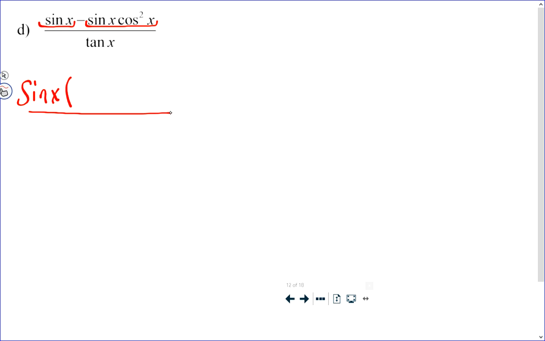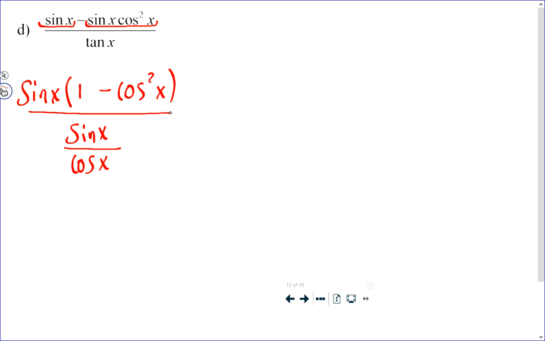When I factor sine of x out of sine of x, I'm left with 1, minus when I factor sine of x out of sine of x cos squared of x, I'm left with cosine squared of x. On the bottom, I have tan of x. Another item in the list that I suggested is to rewrite things in terms of sine and cosine. And tangent is sine of x over cosine of x.